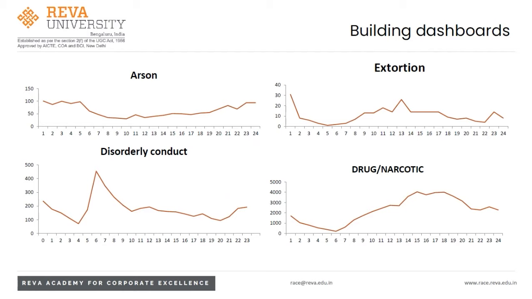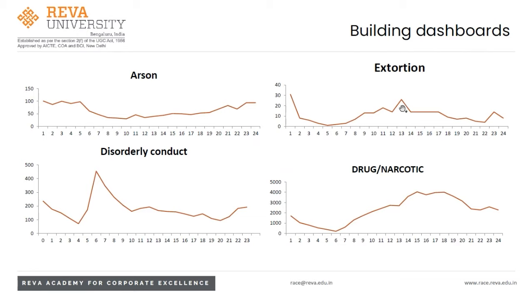People may have come out of a stadium and they may be indulging in disorderly conduct. So those areas wherein you have a high number of pubs, restaurants, bars and such things, this is the place wherein you can focus on deploying your resources so that you can reduce disorderly conduct.